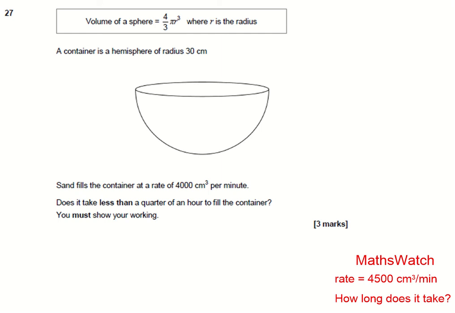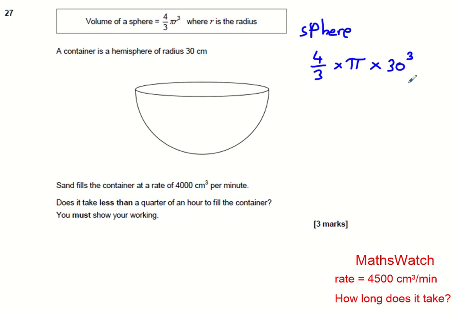Right, first of all we need to work out the volume of this hemisphere. To do that, we first of all need to work out the volume of a full sphere. So for the full sphere, we're doing 4/3 times pi times r cubed, and r is the radius, which in this case is 30.